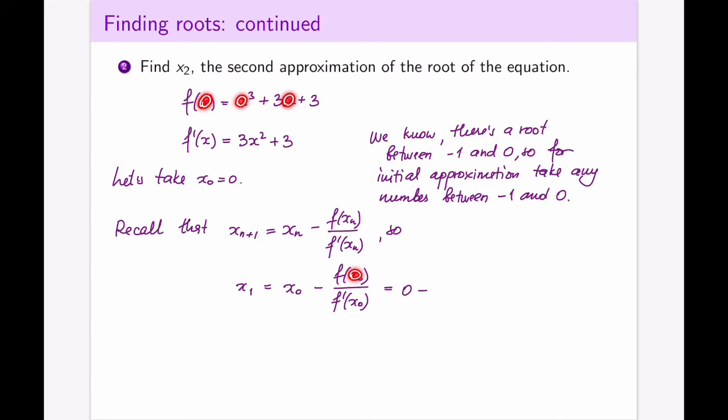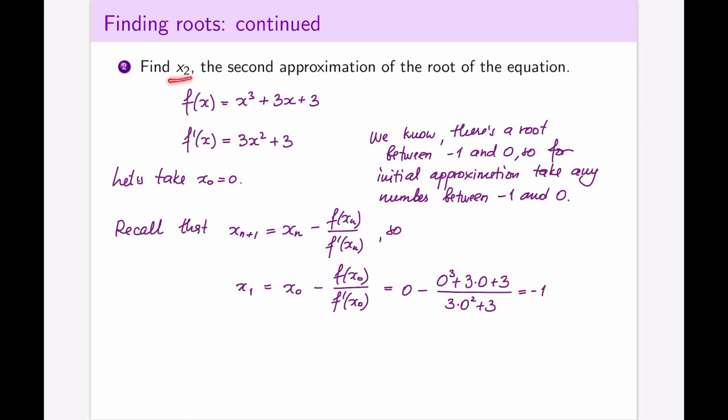So 0 cubed plus 3 times 0 plus 3, all over the derivative at 0, because, again, that's my x naught. So my derivative at 0 will be 3 times 0 squared plus 3. If I do all of the arithmetic, I am going to end up with -1. So that means that my x1 value now is -1.